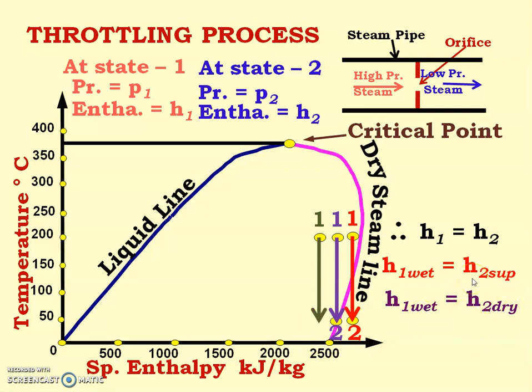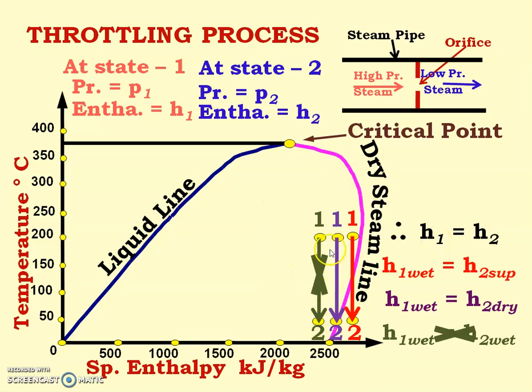And in the third case, point number 2 is inside the saturation curve. It means at point 2 the steam is wet. So wet remained wet after the throttling process. That is how, due to the throttling process, wet can convert into superheated, or in the second case wet can convert into dry, or in the third case wet can remain wet.